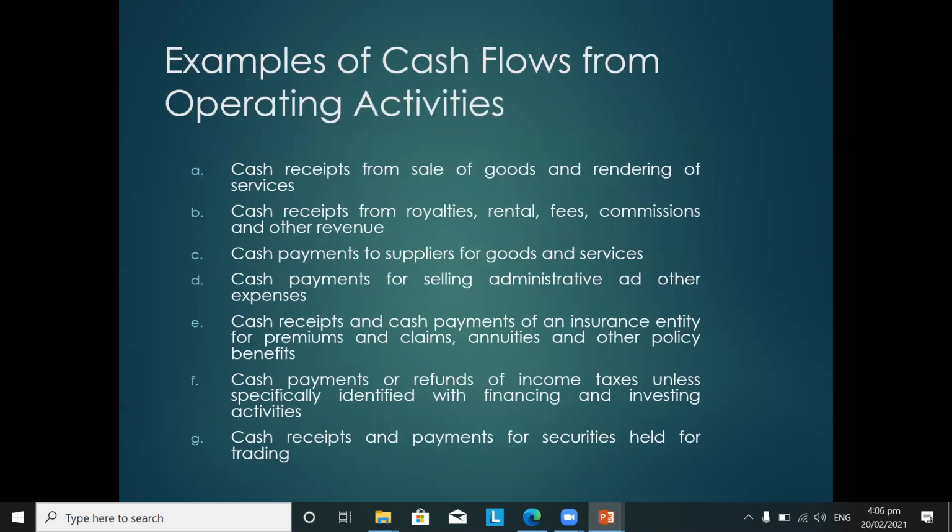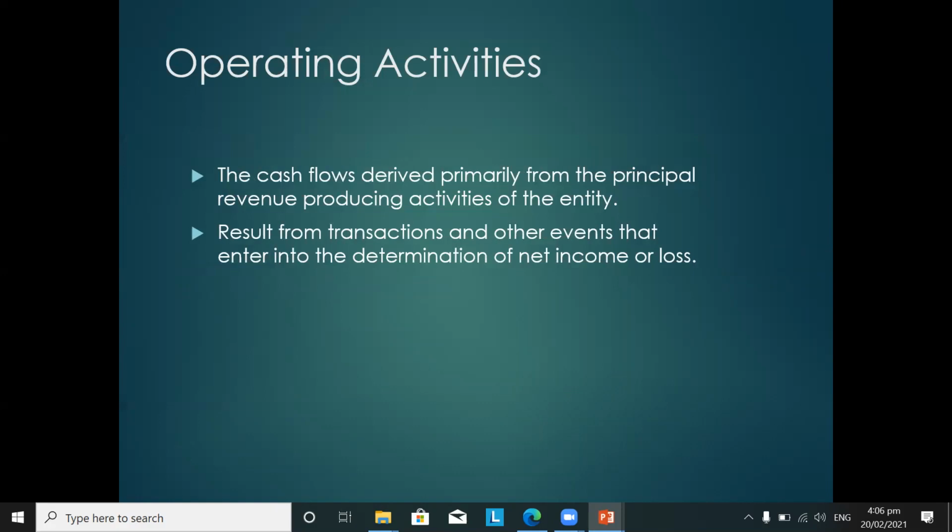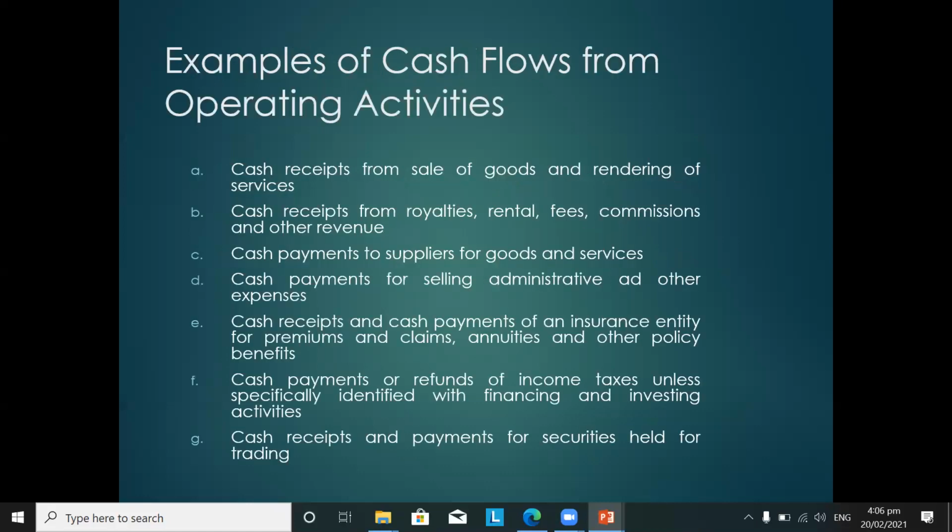So considering the definition, we can safely say that if the transaction pertains to revenue-producing activities as well as those related to expenses incurred in order to come up with the revenue, itong mga activities na ito, any cash involved here is classified as operating activities.